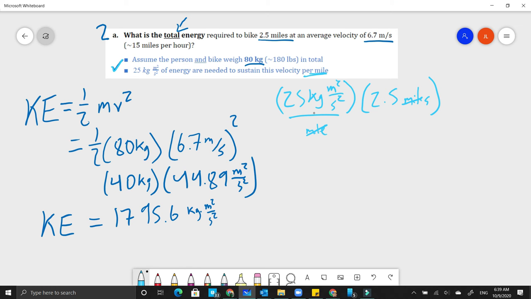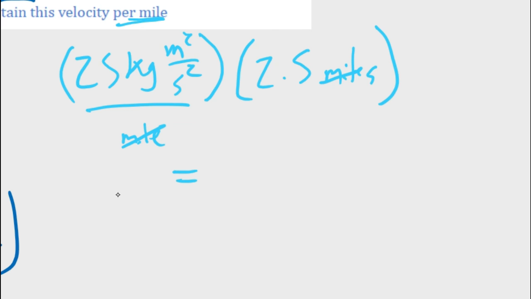If your intuition is just 25 times 2.5, which is a quantity of miles, that also works, right? That also makes sense. 25 times 2.5 should give us about 62.5 kg m squared over s squared.